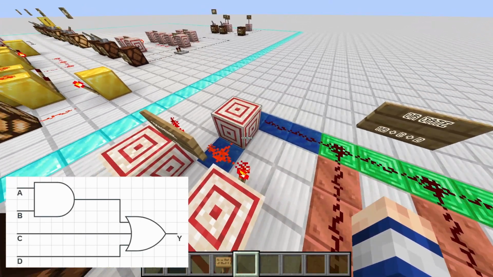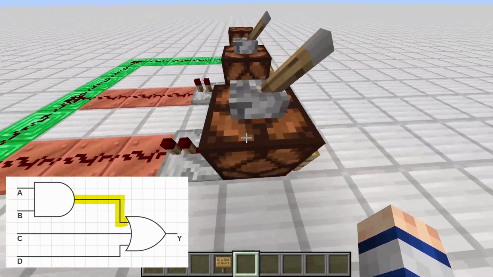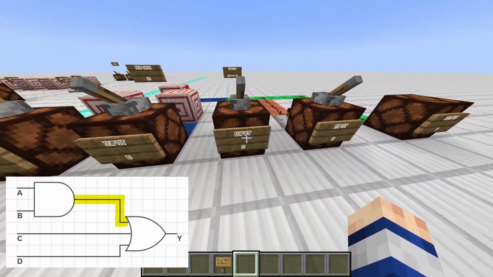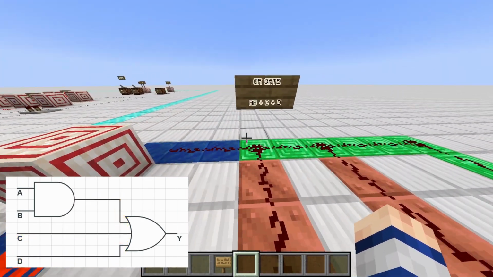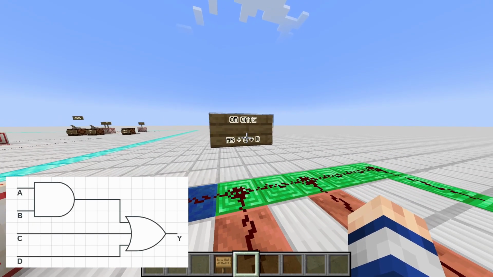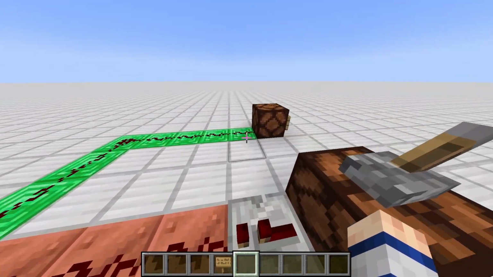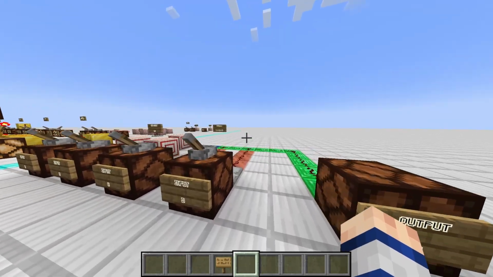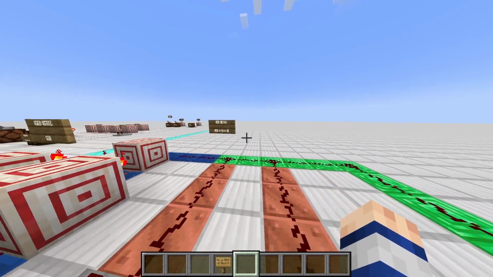And the output of that is going to this OR gate. So what are the inputs to this OR gate? This OR gate has input C and input D going into it. So we say A and B, or C, or D. And this helps us to see what the final output is. So output Y equals AB plus C plus D.